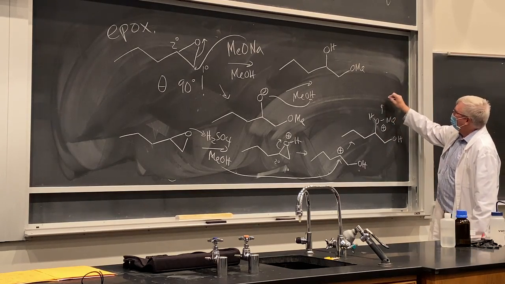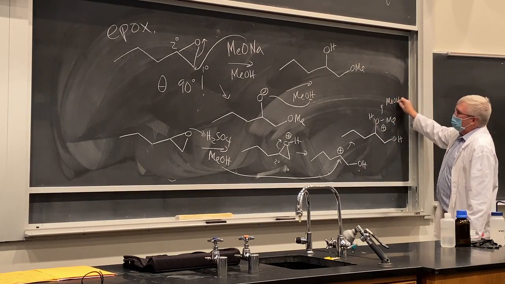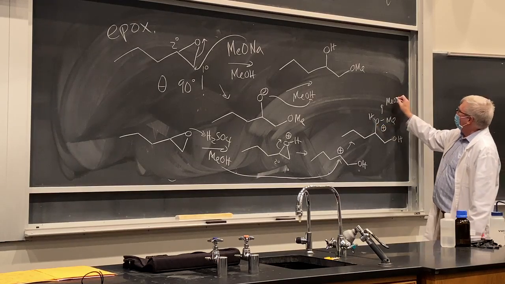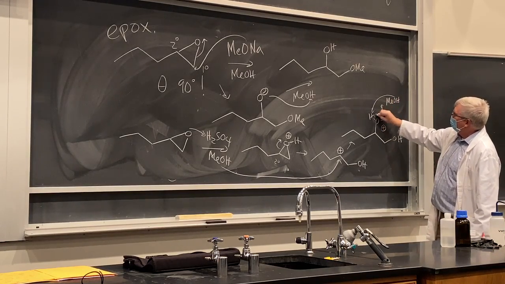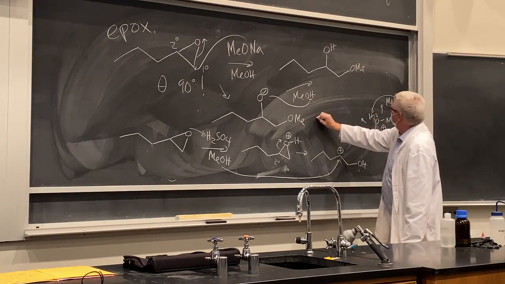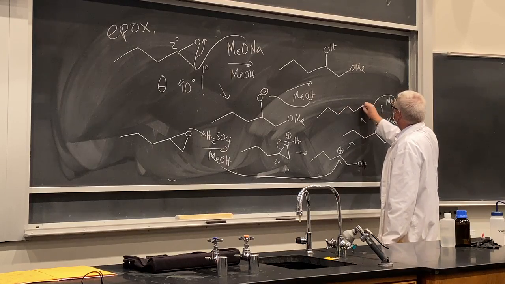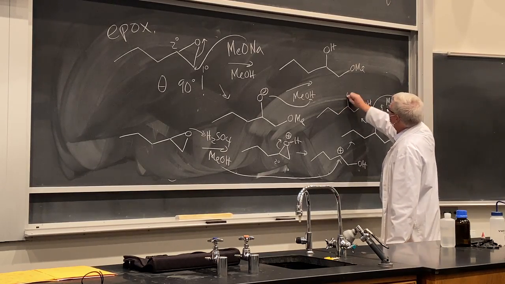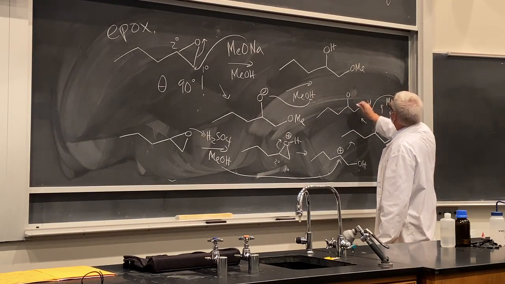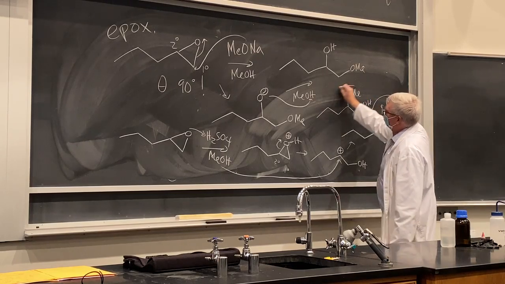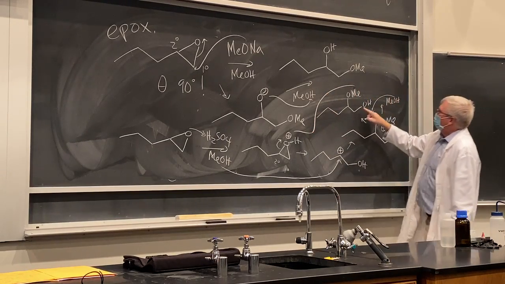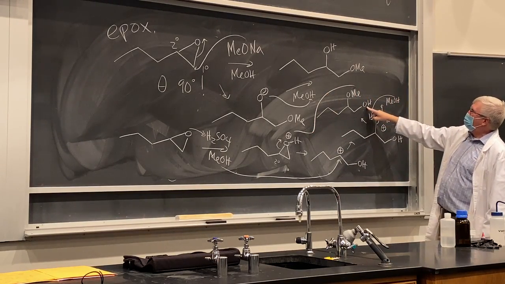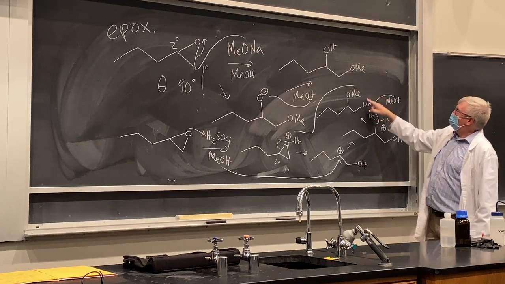Let's see, we've got more methanol, or we can use bisulfate. We started out with that. We can grab that proton here. And what do we get? We get this product, right? We get the ether at that spot. And we get the alcohol at the primary position. We've just switched the groups here, right?